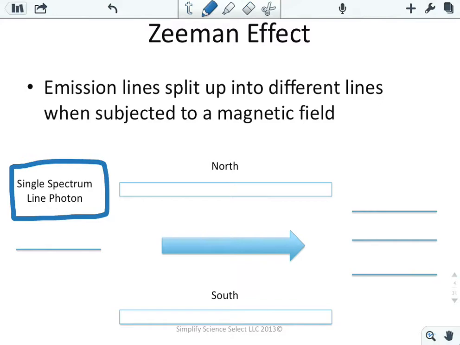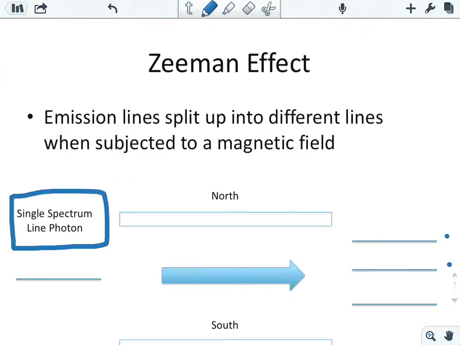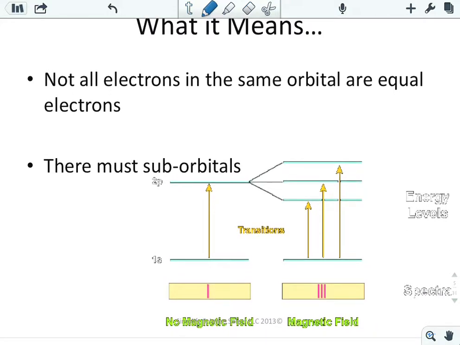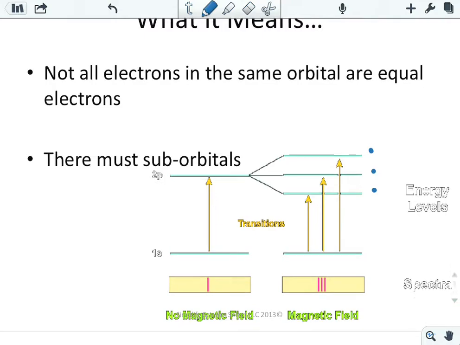There has to be something else there. What this means is that not all electrons in the orbital are equal. So there must be suborbitals. As this one line breaks up into 3 different lines, we call these suborbitals, and these are where electrons are going to be located.